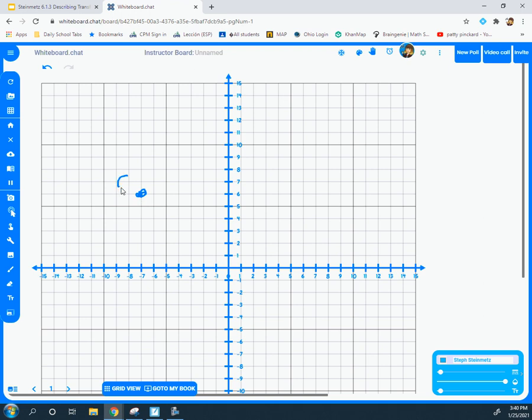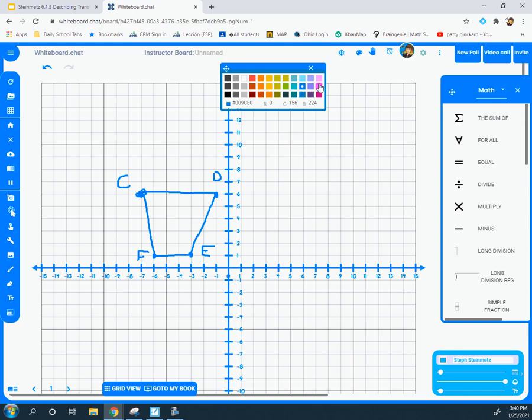That was C. Alright, so here's the original, and then I'm going to change the color of my marker.